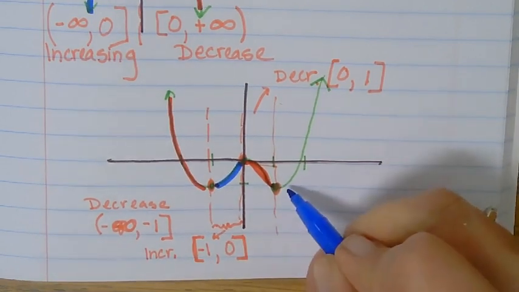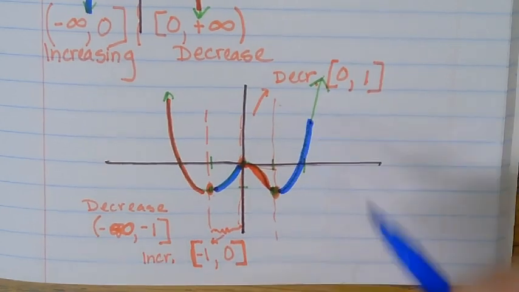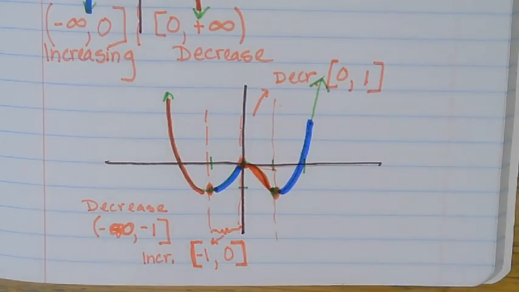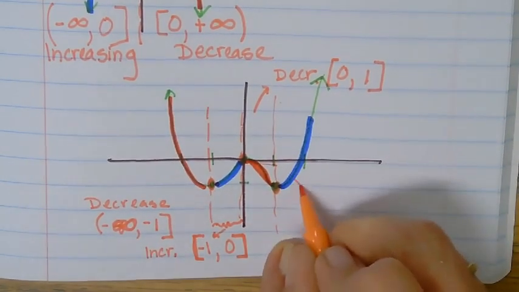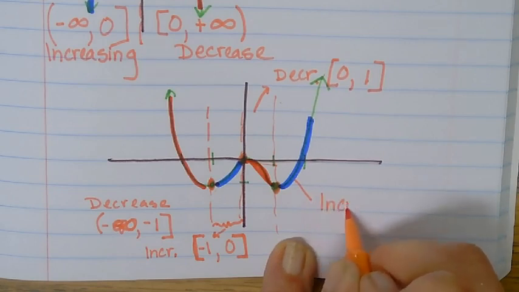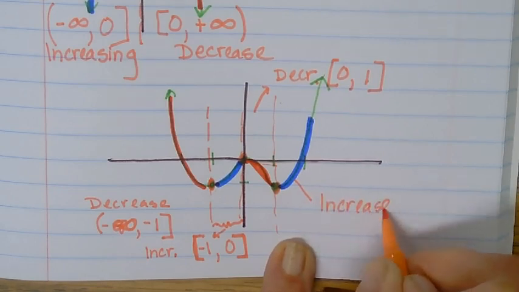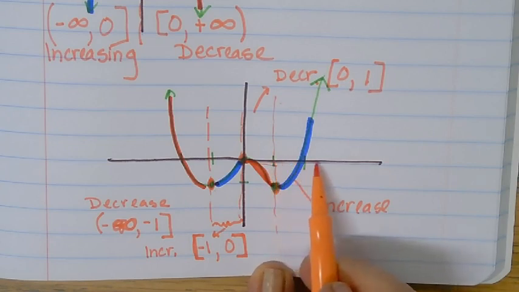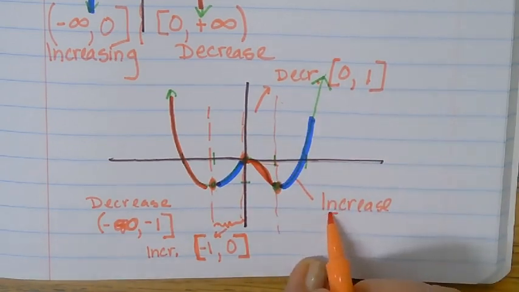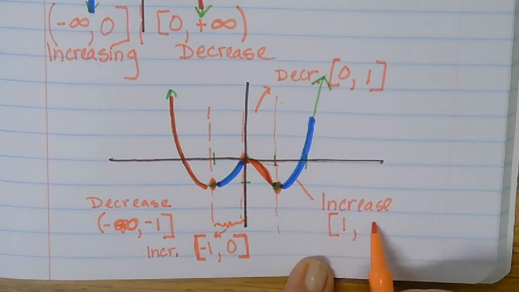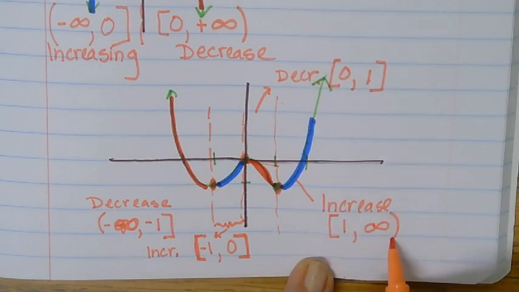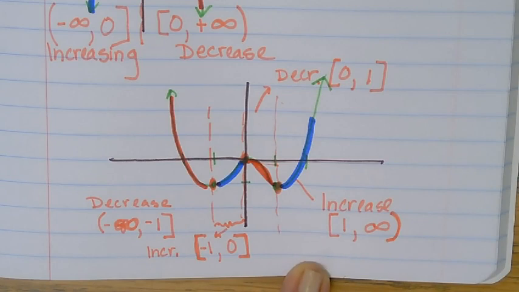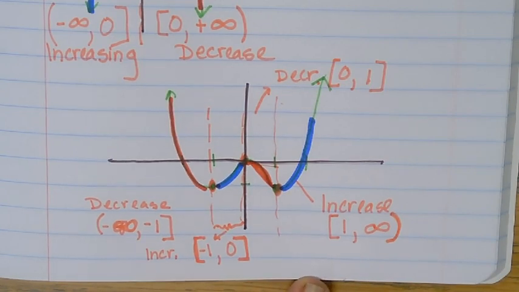And then in our last section, it's increasing. And it's going from positive 1 to infinity. Infinity always uses a parenthesis and not the bracket.